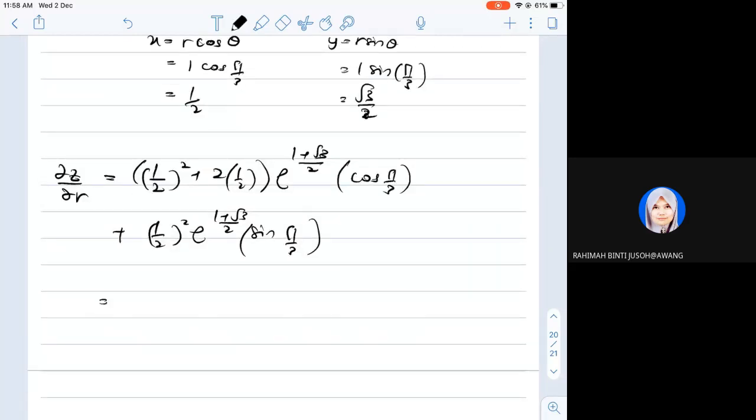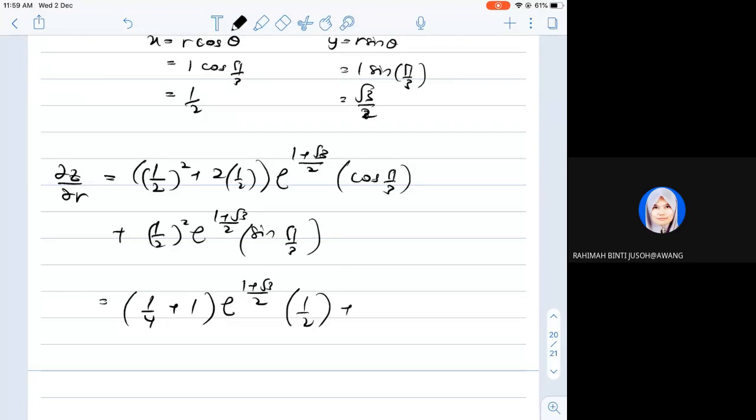So what does this become? 1 over 4 plus 1. Okay. 1 over 4 plus 1, exponent of 1 plus square root 3 over 2, multiplied by cos pi over 3 is 1 over 2. Okay.